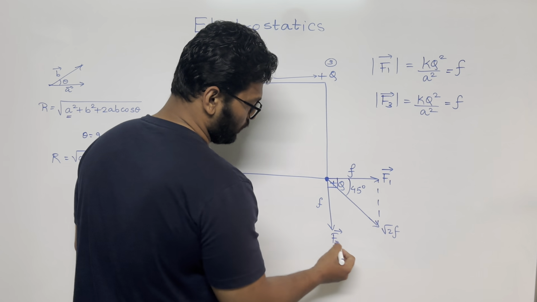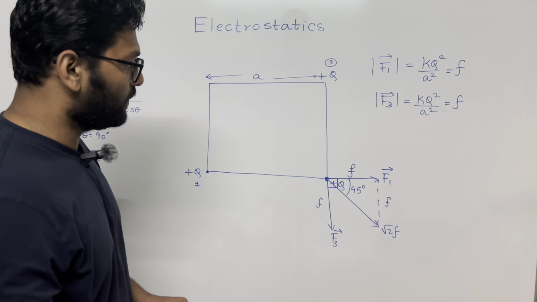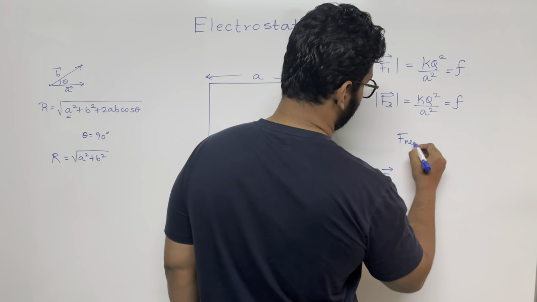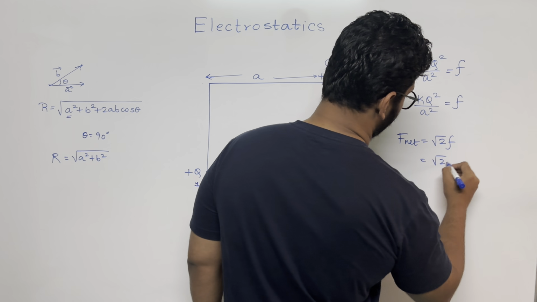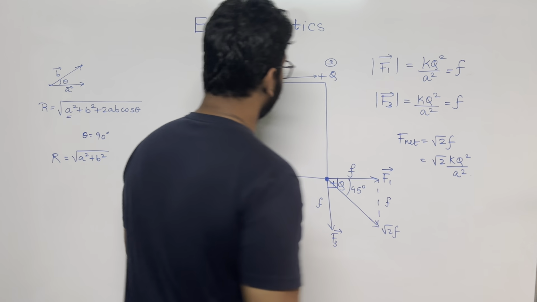From that you can get 45 degrees. So the net force magnitude is root 2f, which is root 2 kq square by a square, if this charge was not there.